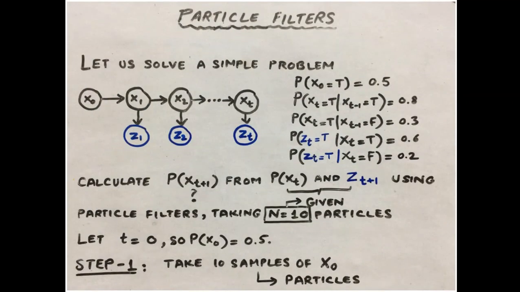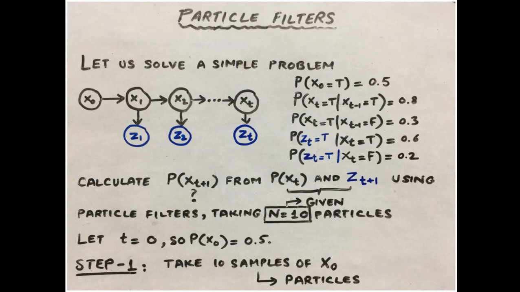So we are going to look at a specific example, and for that it will be helpful if you can recall the Bayesian network. By the way, particle filters are a way to solve Bayesian networks, a special class of Bayesian network that we call a dynamic Bayesian network.